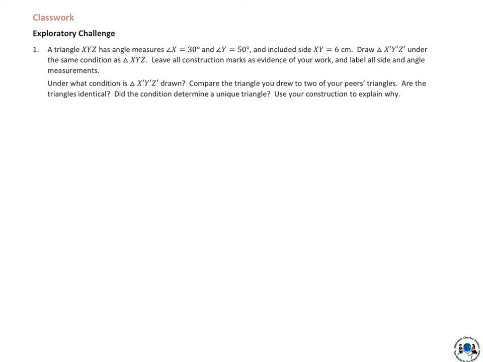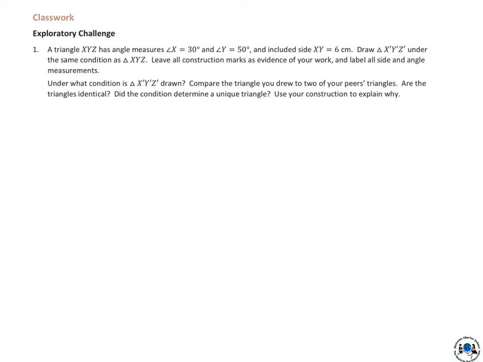But in this lesson, we explore what happens when this condition is modified to take arrangement into consideration, to pay attention to where those different measurements are. So instead of drawing triangles given 2 angle measurements and a side length, we will draw triangles under the condition that 2 angles and the included side are provided, and under the condition that 2 angles and the side opposite a given angle are provided.